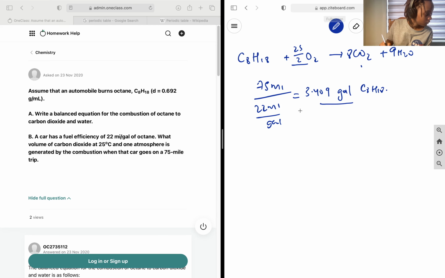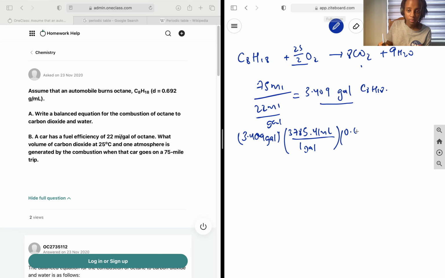And so, to convert to moles, we're going to do 3.409 gallons multiplied by 3785.41 milliliters per 1 gallon multiplied by 0.692 grams per milliliter.